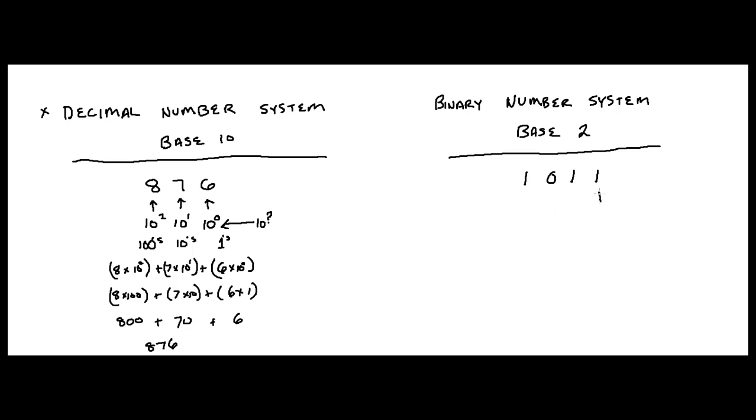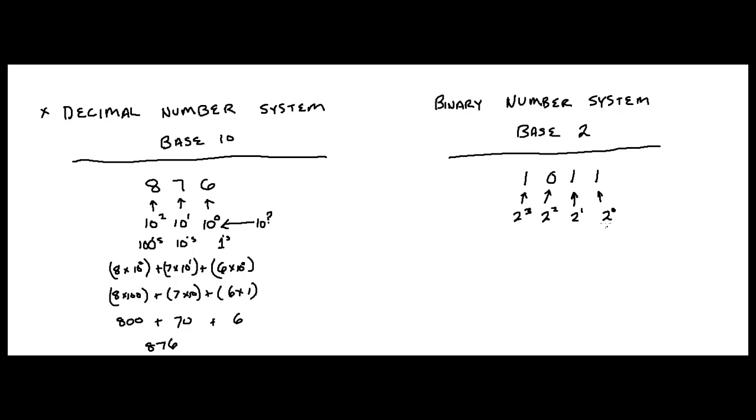Well, this digit right here is 2 to the 0. This digit right here is 2 to the 1. This digit right here is 2 to the 2. And this digit right here is 2 to the 3. Got it?